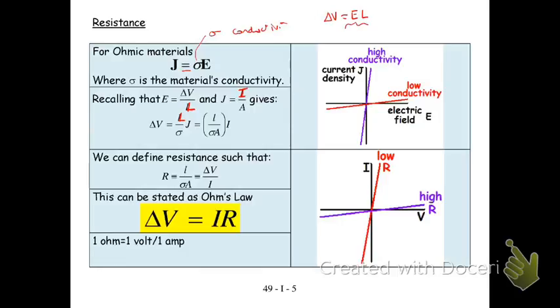So delta V equals EL, and my E is equal to J over sigma. So put those together, I get delta V is equal to my J over sigma times my L, which is what I've got there.